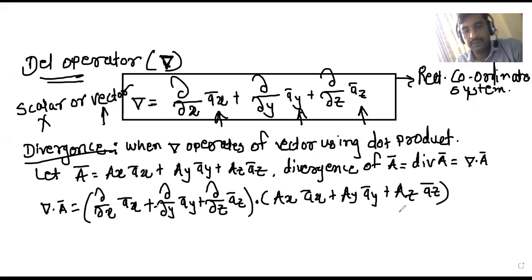Now, when we try to find the dot product between two vectors, because we know the del operator is also a vector quantity, which we have written here, and here also we have taken this as a vector quantity, so we are trying to find the dot product between two vector quantities.